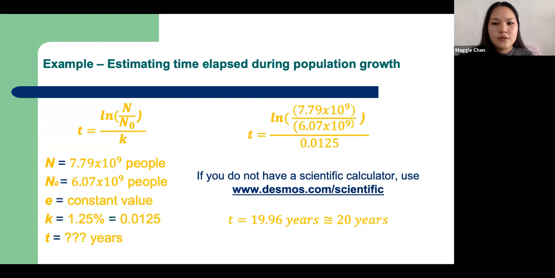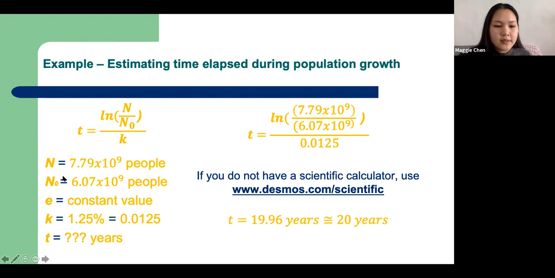Let's say we're now trying to find a different variable, which is our time. If we had all of these other variables, but we just don't know the time period between our initial population and our current population, we can rearrange the equation again to where, if we're trying to find t, t is equal to ln, in parentheses, our N, our population size, over N naught, our initial population size, divided by k, which is our growth rate.